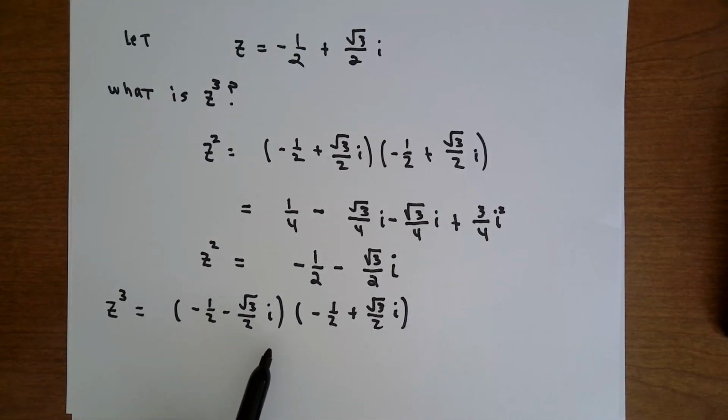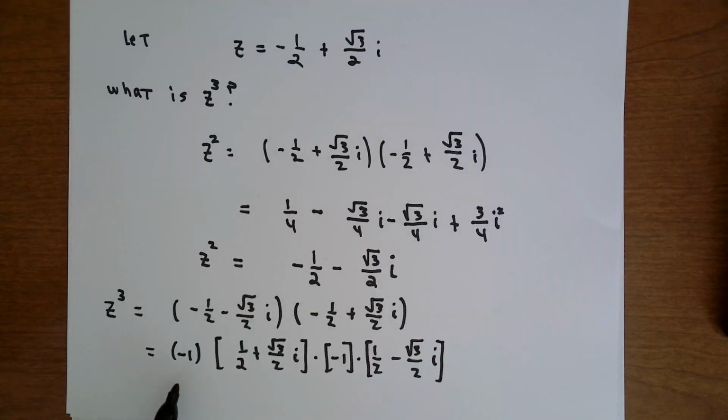I'm going to factor a negative 1 out of this bit, and also I believe it will help me some if I factor a negative 1 out of that bit. This factor of negative 1 multiplied by that one gives me a factor of 1, which I can stop writing down.